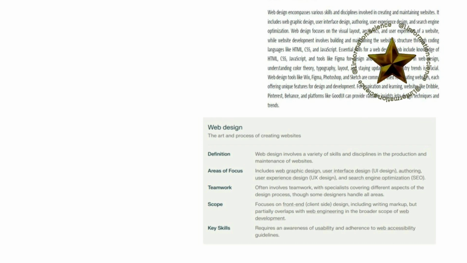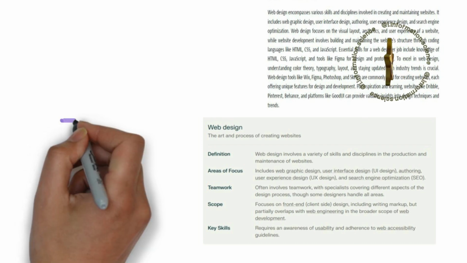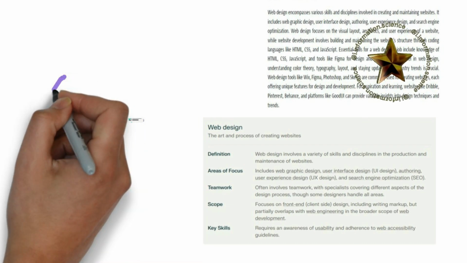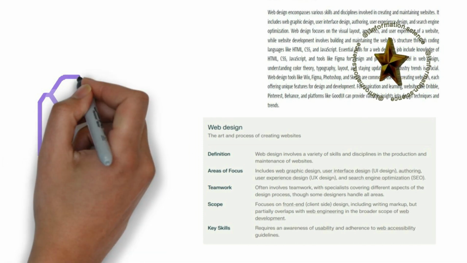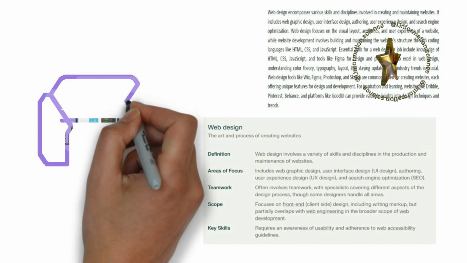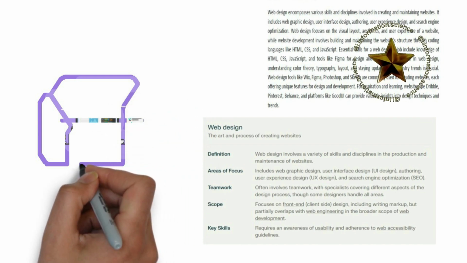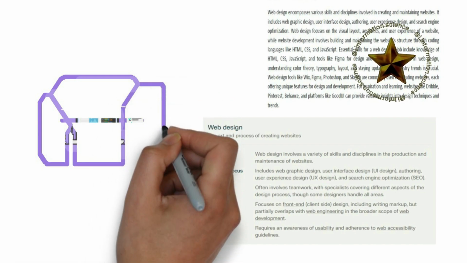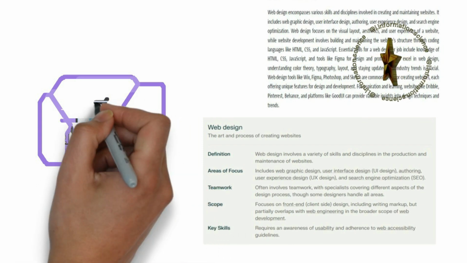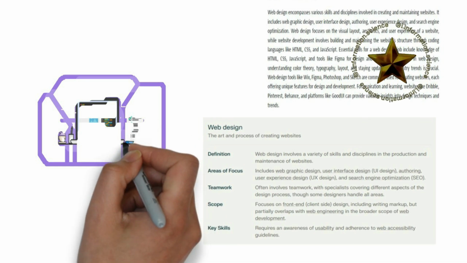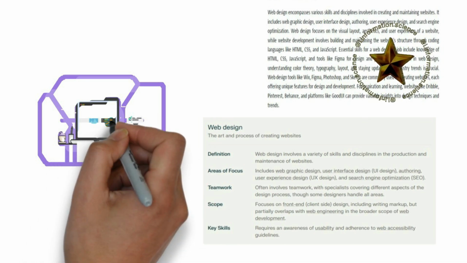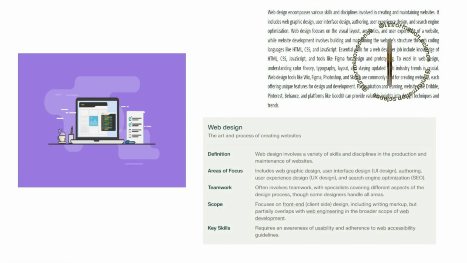Web design tools like Wix, Figma, Photoshop, and Sketch are commonly used for creating websites, each offering unique features for design and development. For inspiration and learning, websites like Dribbble, Pinterest, Behance, and platforms like Good UI can provide valuable insights into design techniques and trends.